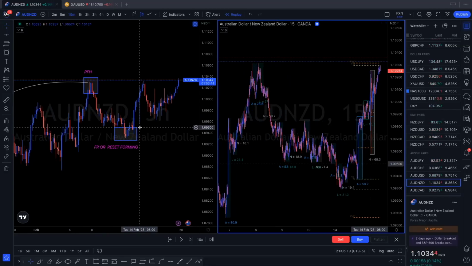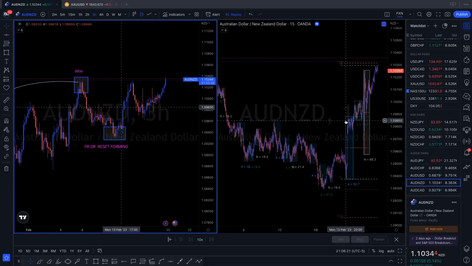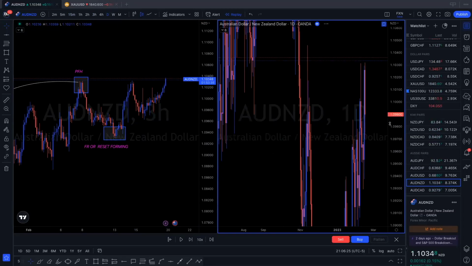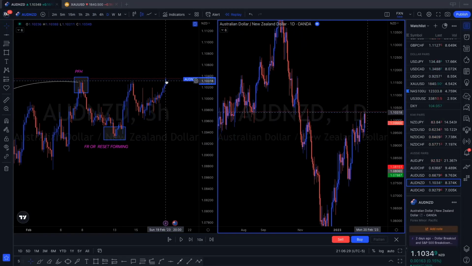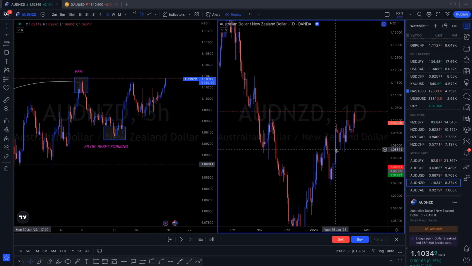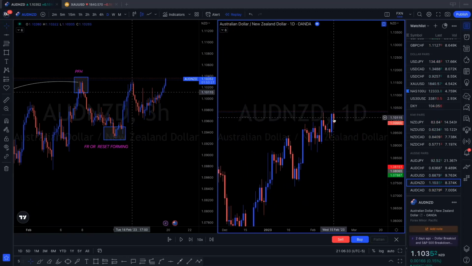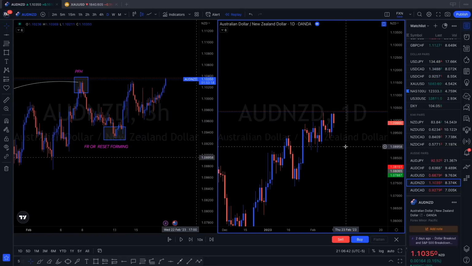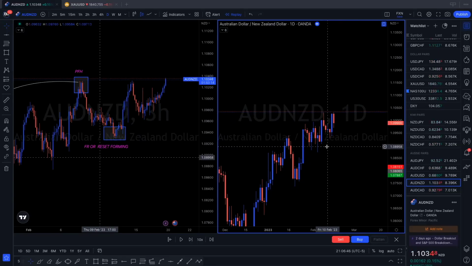This is very likely going to be a reset based on how it's looking. If we look at the daily here, look at the 3-hour time frame wanting to break higher. Depending on how this candle closes here would give you a big clue, because this is a daily candle. So for me, I would just rather wait. There's 28 other pairs that I could look at. So to me, it's just an unnecessary risk.